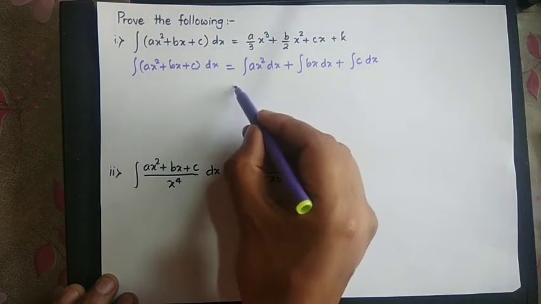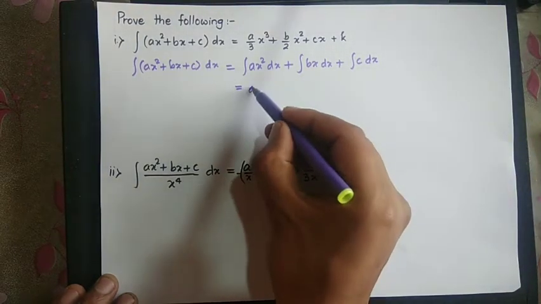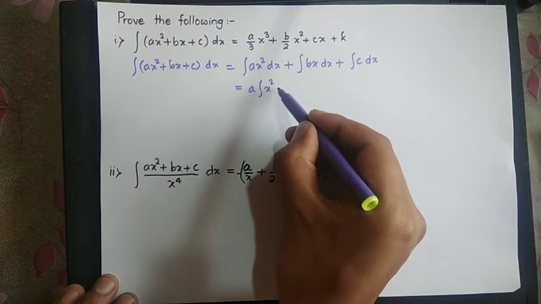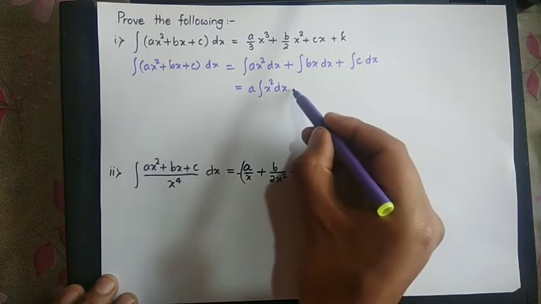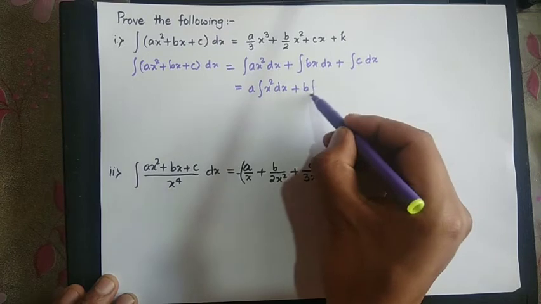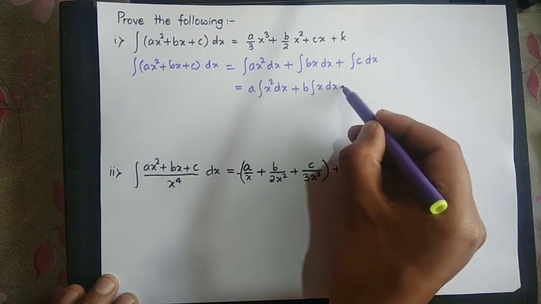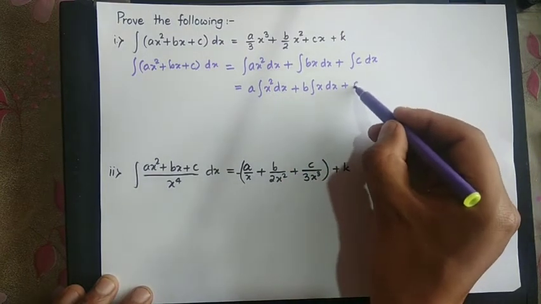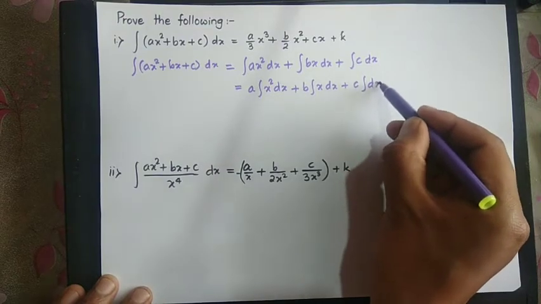Since a is a constant, it can be kept outside, so we have x squared dx. Similarly b is a constant, so it will be kept outside, and similarly c is a constant, it will go outside, so here we have only dx.